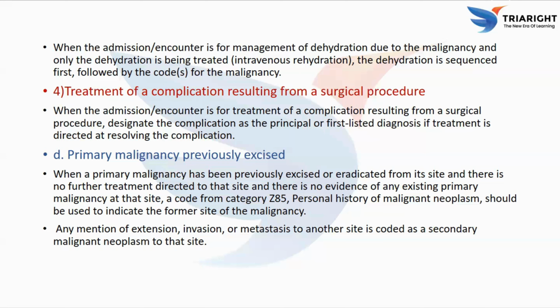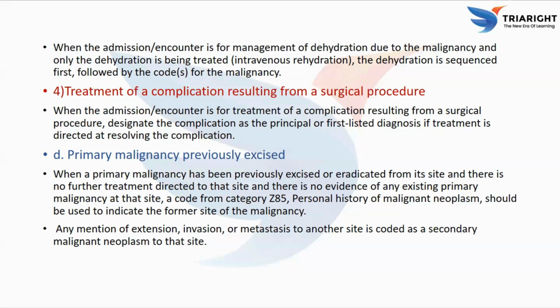And the next guideline is regarding primary malignancy previously excised. So when to use this? It denotes Z85 codes. So when to use Z85 codes? For personal history of malignancy. So you have to use Z85 when a primary cancer has been completely removed or eradicated from its site.